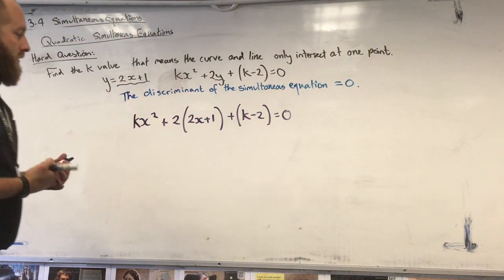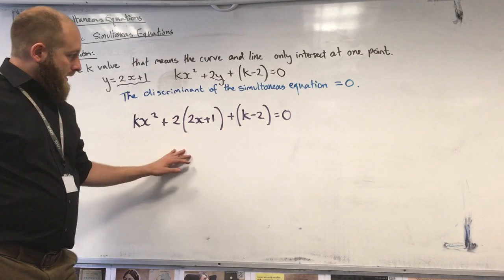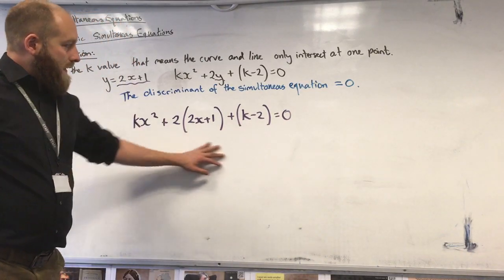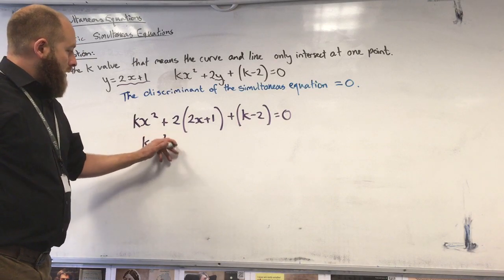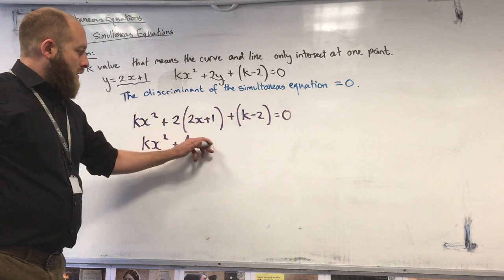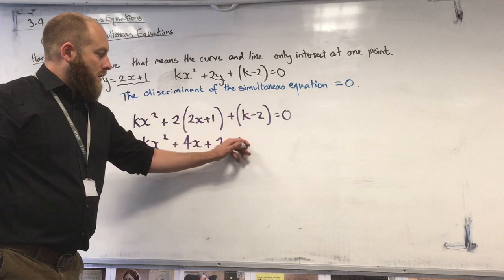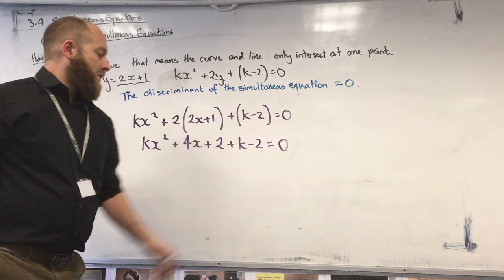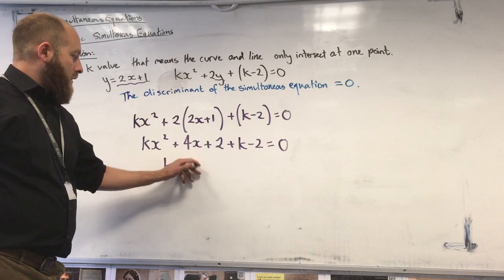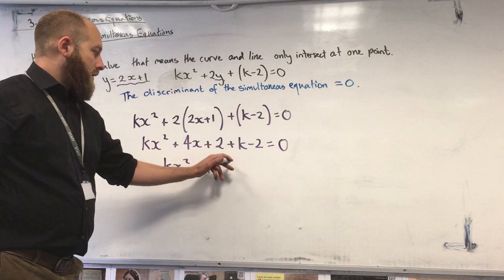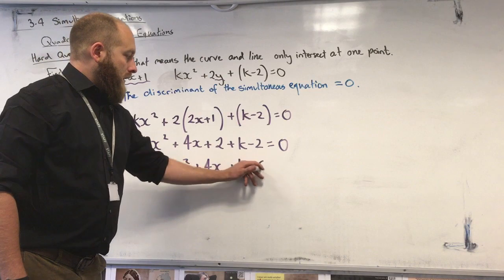So we're going to expand this and then find the discriminant. So our 2's are going to cancel, giving kx squared plus 4x plus k equals 0.